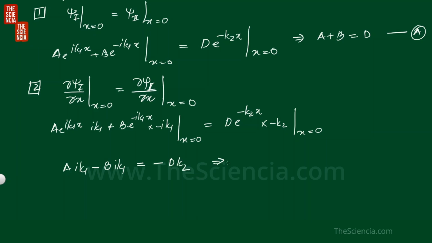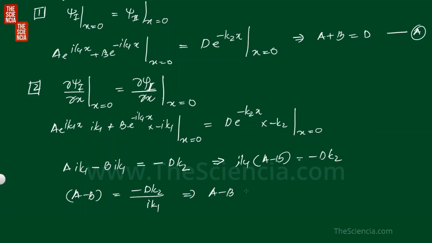That is i k1 into a minus b is equal to minus d k2. Therefore, a minus b is equal to minus d k2 by i k1. That is, we can again rearrange, that is a minus b equal to i d k2 by k1.